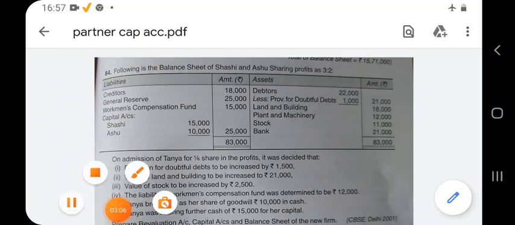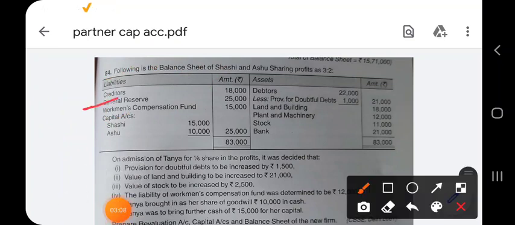In this question, as you can see, general reserve is given for 25,000. Reserves, or if profit and loss is also given in the question, are distributed among partners in the old ratio. Remember, these are distributed in the old ratio.